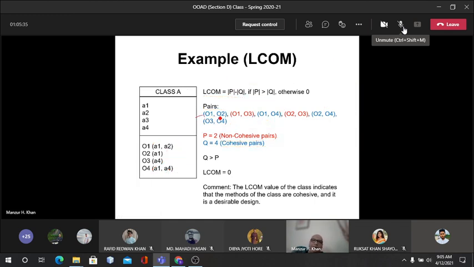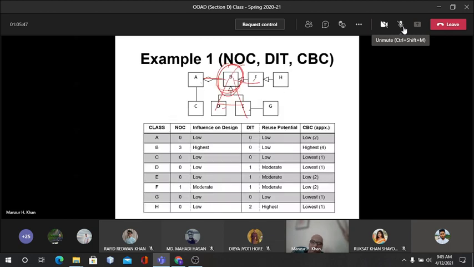Now among these pairs, we are going to go through each one by one and declare whether it is a cohesive pair or a non-cohesive pair. The definition says 2 methods of a class will be considered cohesive if they have a common variable.